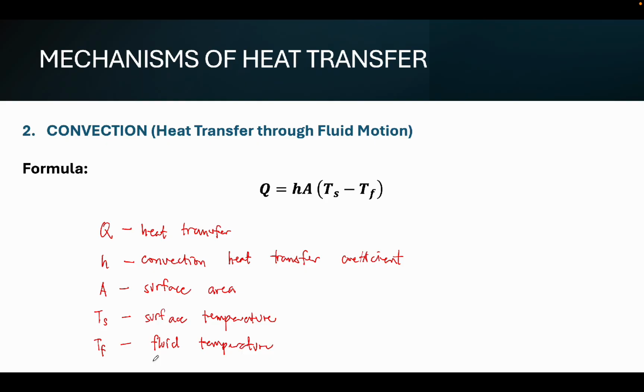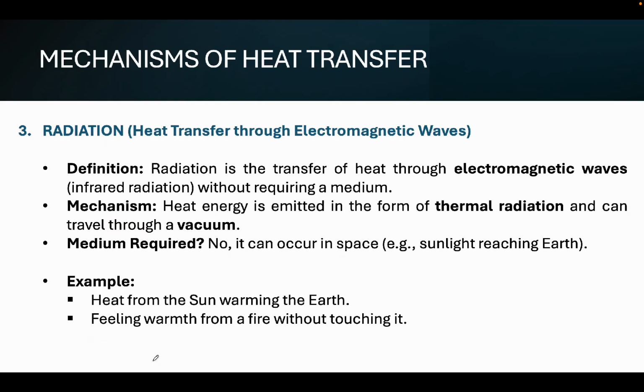Okay, and then for the third one, we have radiation. Radiation is the heat transfer through electromagnetic waves. The definition: radiation is the transfer of heat through electromagnetic waves or infrared radiation without requiring a medium.